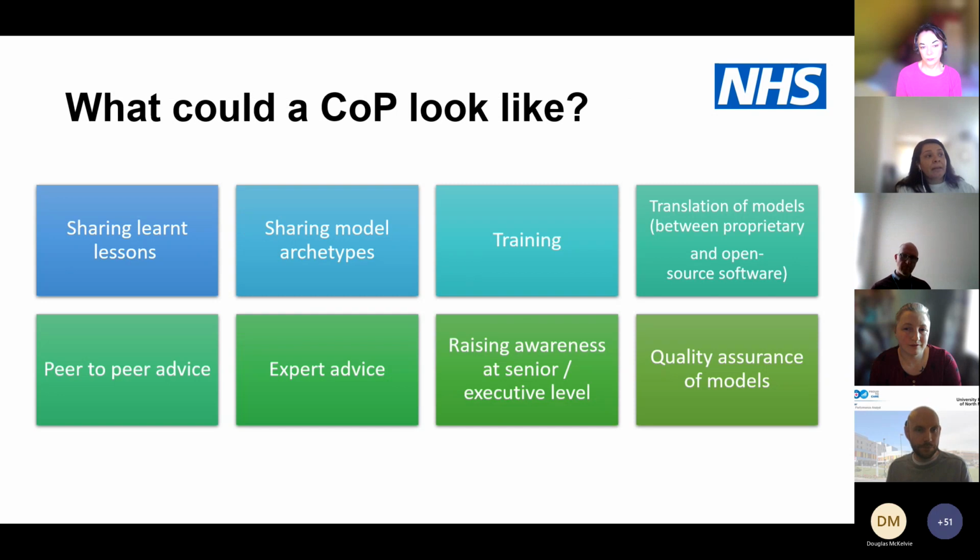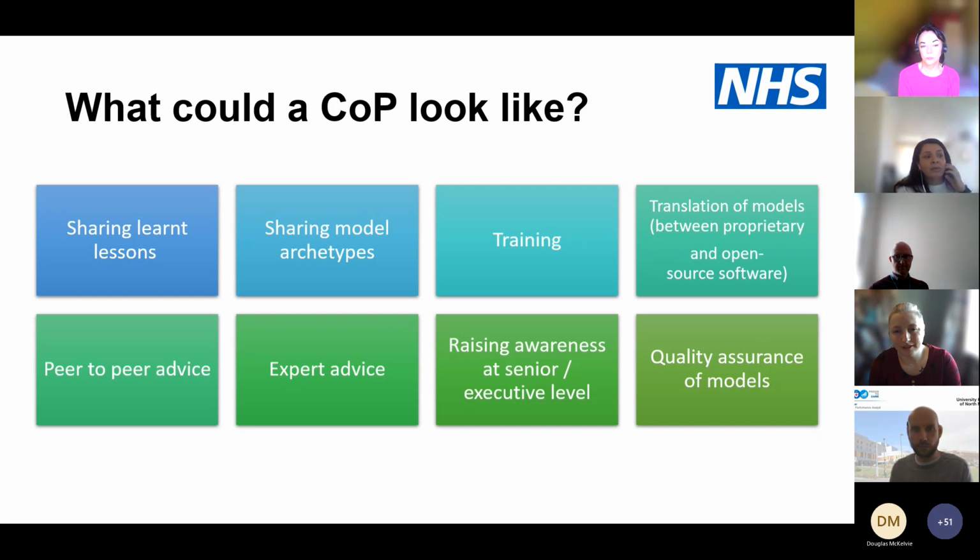So what could that community of practice look like? We have mentioned already sharing the learning. There needs to be some training. We need to skill up more people in this field, but also the models that are developed need some sort of quality assurance, someone with more expertise being able to review them and say, this is a really good product that could be shared with someone else in the NHS or other parts of the health and care sector.